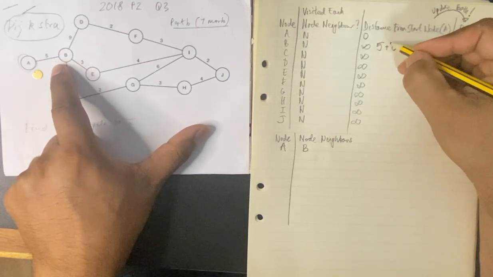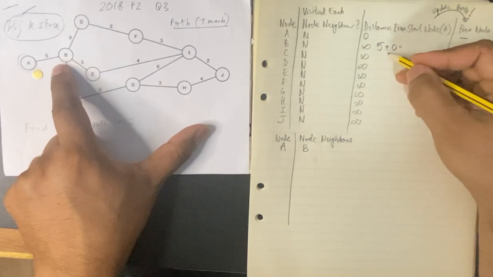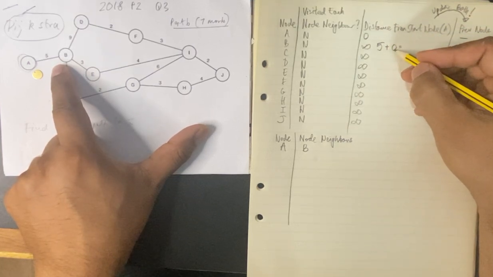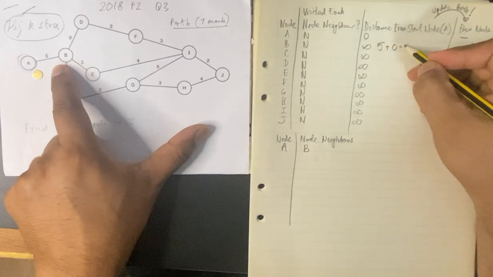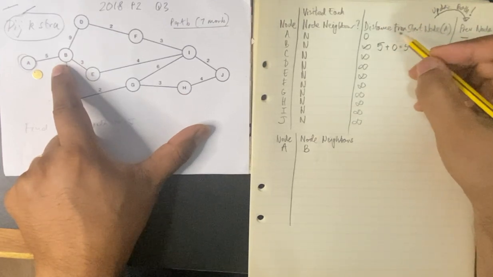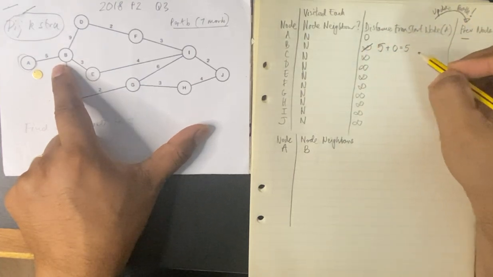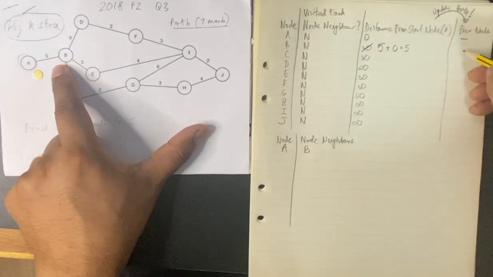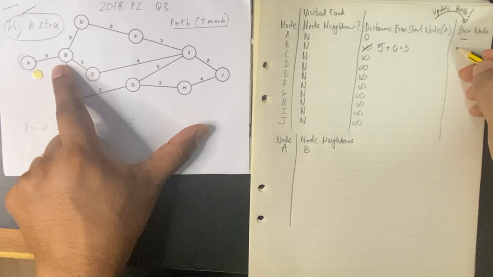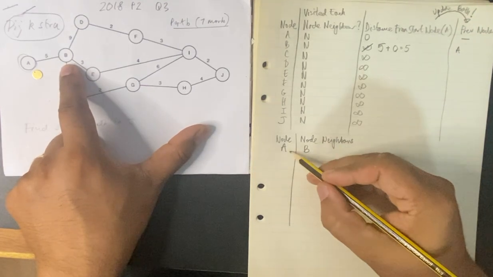Now, I know this looks overkill, but you'll see why. We're going to follow the same process all the time. So that's essentially why we're putting the 0 here. So 5 plus 0 is 5. And that is smaller than infinity, so we're going to cross that out. Now, we have to remember to update this column. And our previous node was A. Same here.